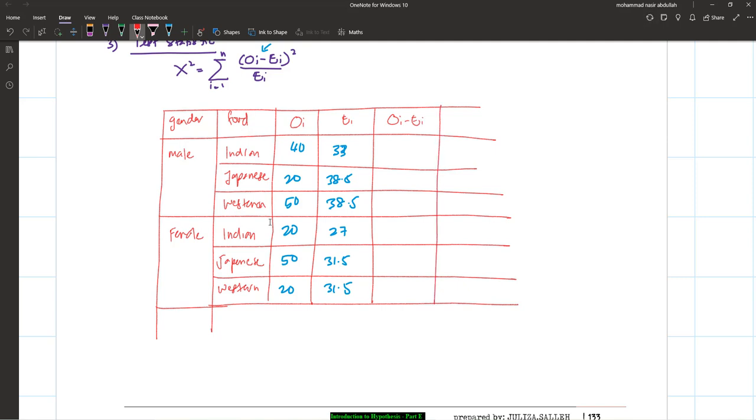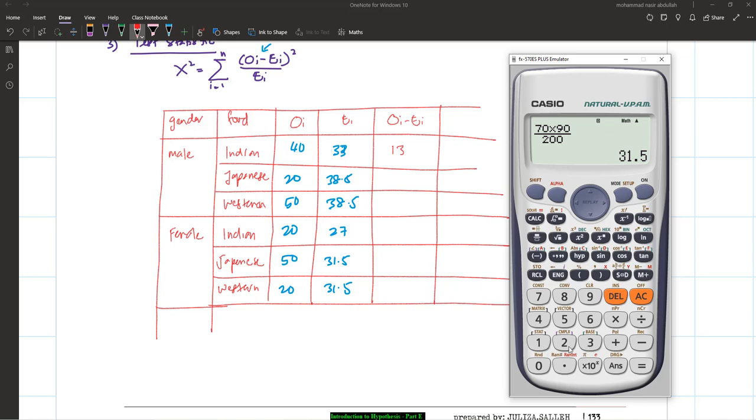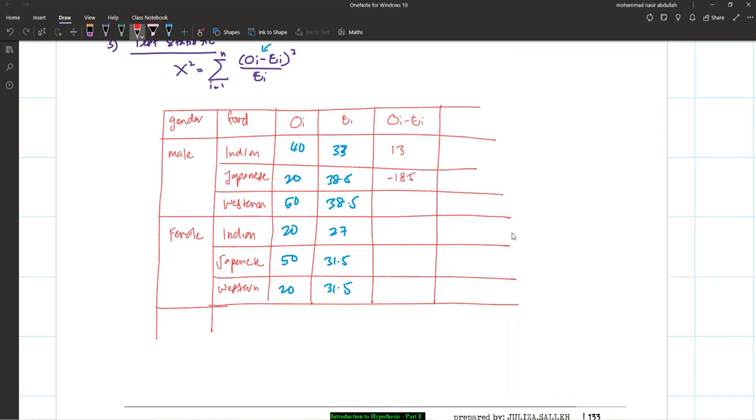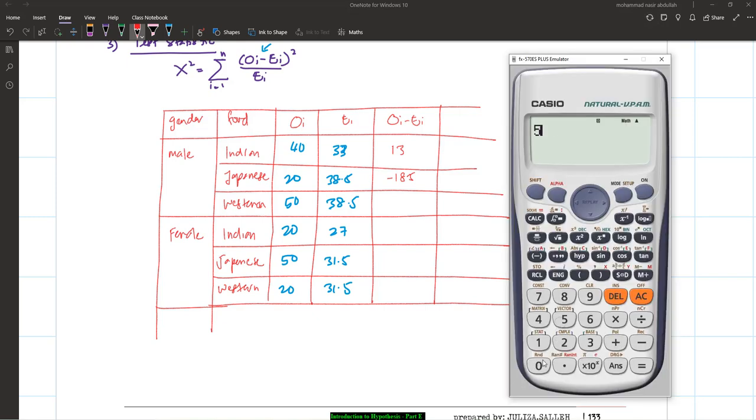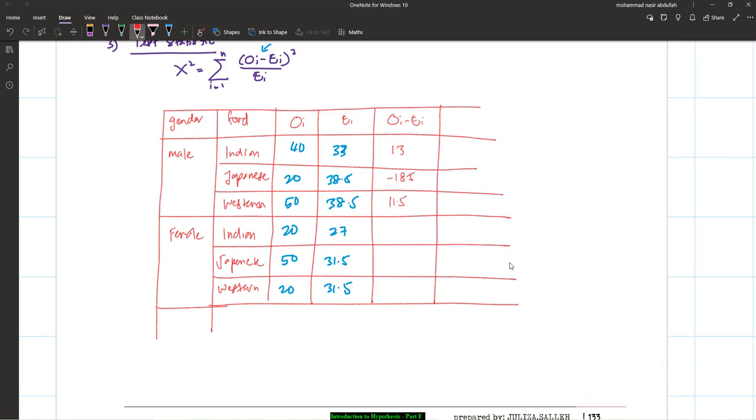So 40 minus 33 should be equal to 13. And 20 minus 38.5 should be equal to negative 18.5. So 50 minus 38.5 should be equal to 11.5.